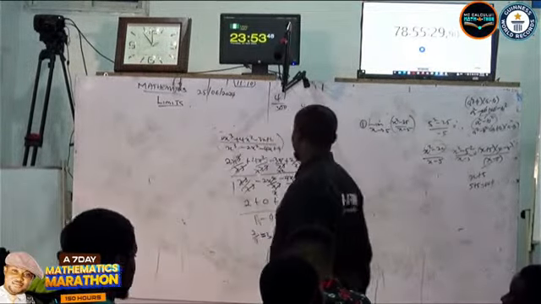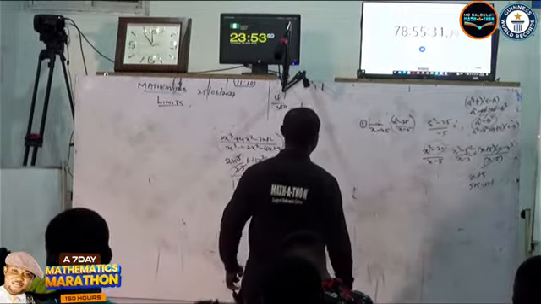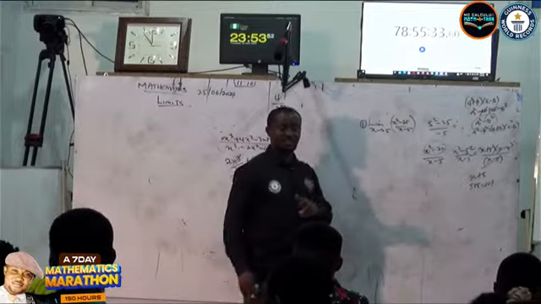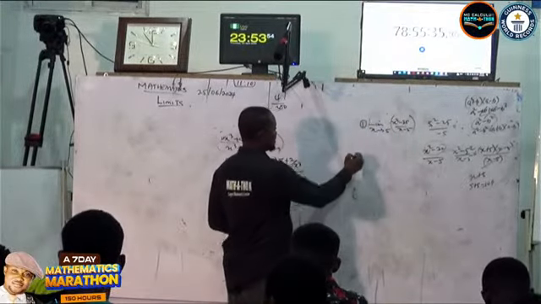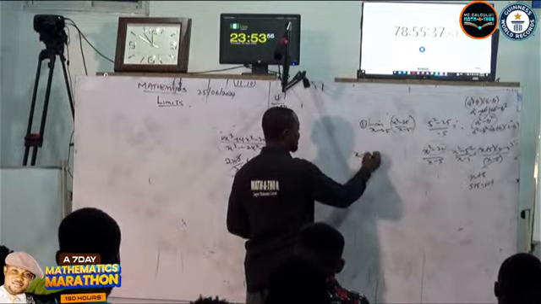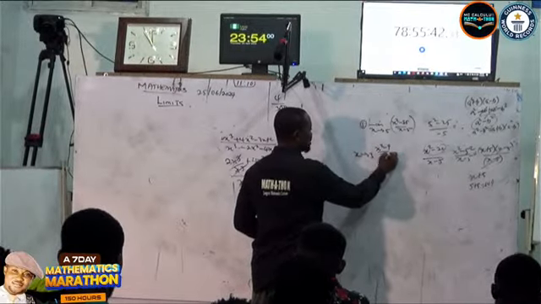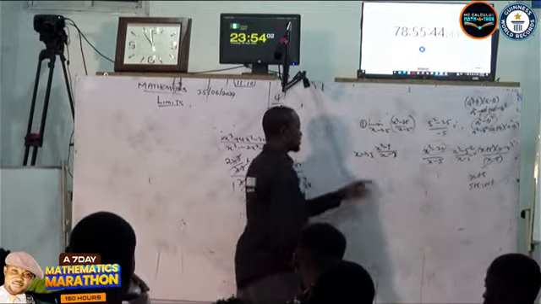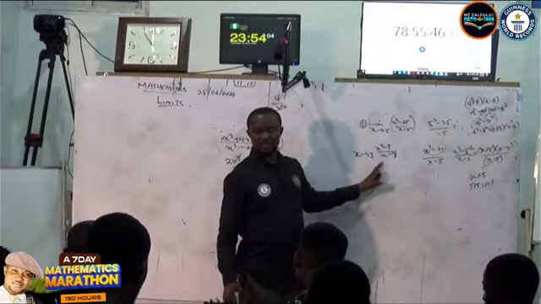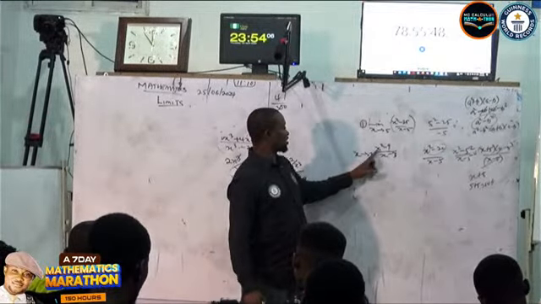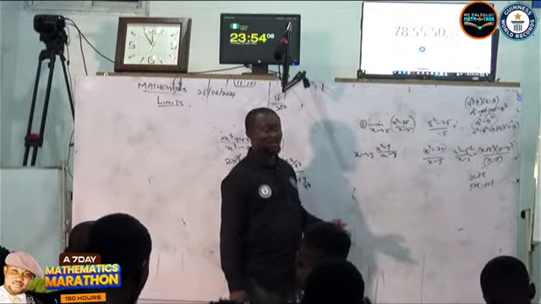So, this is what is happening. If you have a case that you have limit as x tends to 3 of x squared minus 9 over x minus 3, almost the same thing. If you put 3, you get 0 over 0, don't even waste your time.